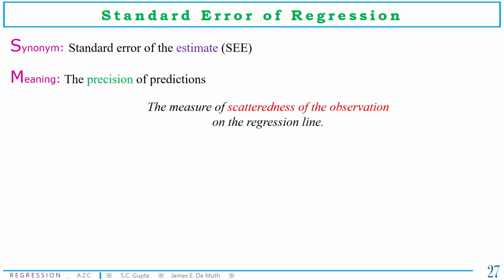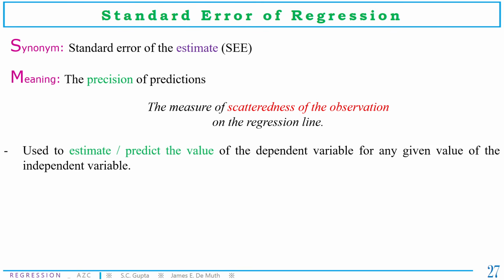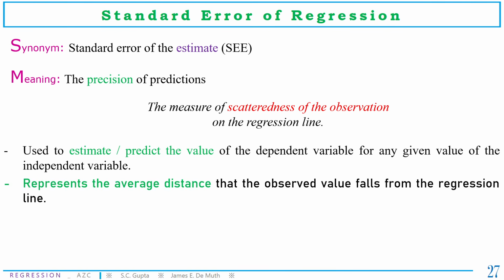Standard error of regression is the measure of scatteredness of the observations on the regression line, used to estimate or predict the value of the dependent variable for any given value of the independent variable. It represents the average distance that the observed value falls from the regression line.